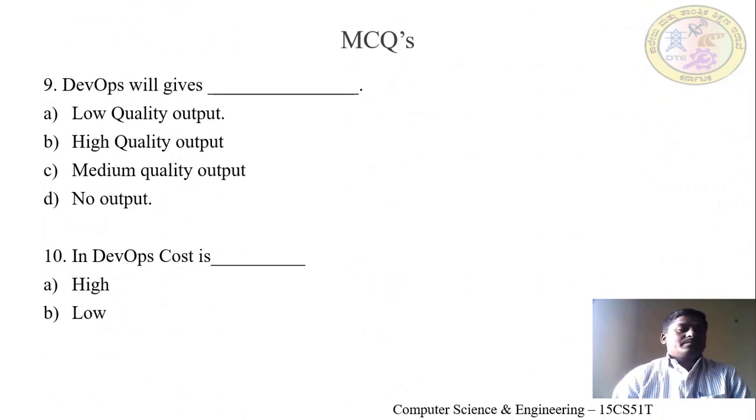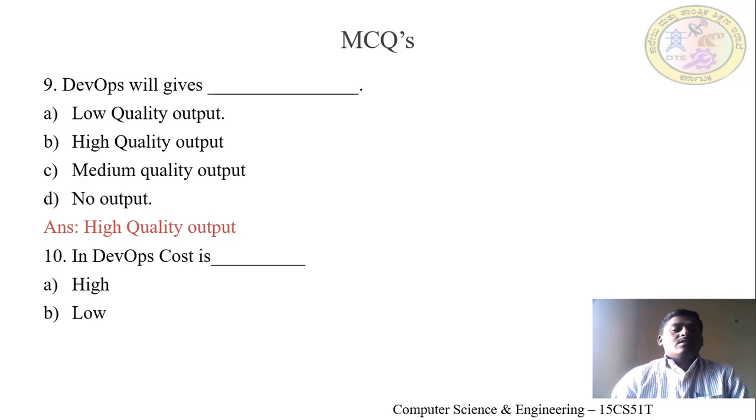Next, ninth question. DevOps will give dash. Low quality output, high quality output, medium quality output, no output. Which one is the correct answer? DevOps will give high quality output: high quality software, high quality applications.